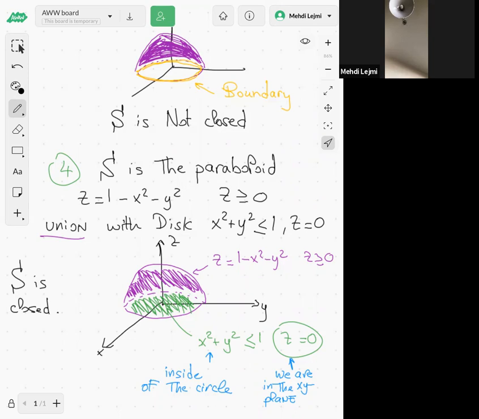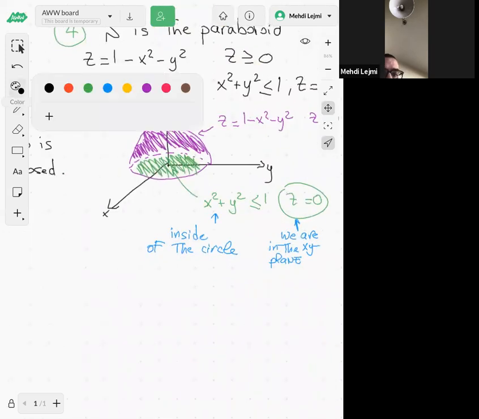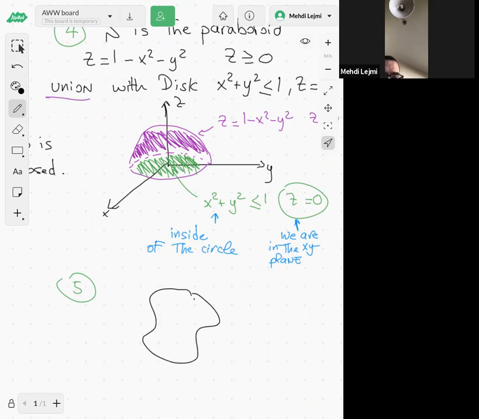Is there any question, guys? You see, what do I mean by closed surface? It's a surface which has no boundary. Of course, if you take just a random example, number 5, a random surface like this one here, and let's say this is my surface S, of course this surface S is not closed, right?